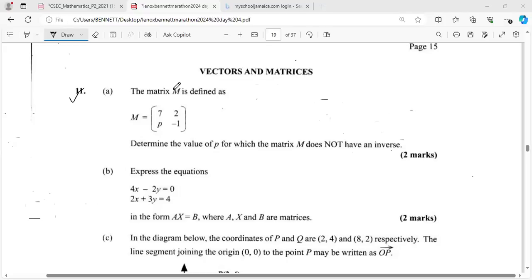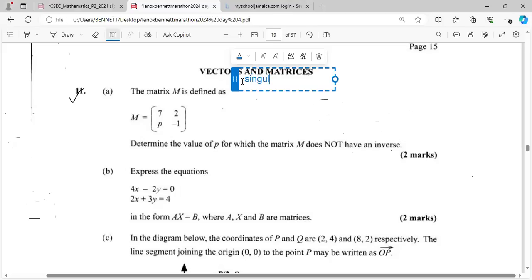So he said the matrix M is defined as M equals 7, 2, P, negative 1. Determine the value of P for which the matrix M does not have an inverse. Now, as I was saying, the only time it doesn't have an inverse is when it's a singular matrix.